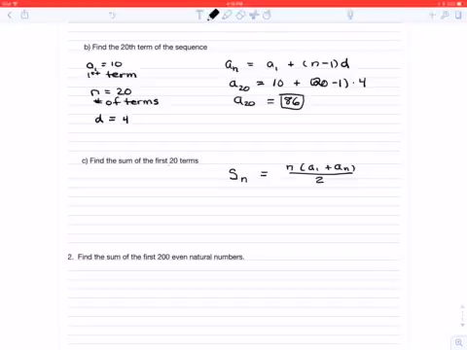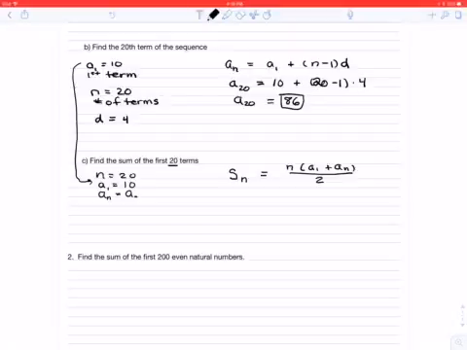So the sum of the first 20 terms, so n is 20. The first term of that sequence, we said, was 10. a sub n stands for, we're interested in the sum of the first 20 terms, so a sub n would be the 20th term, which we just calculated to be 86.